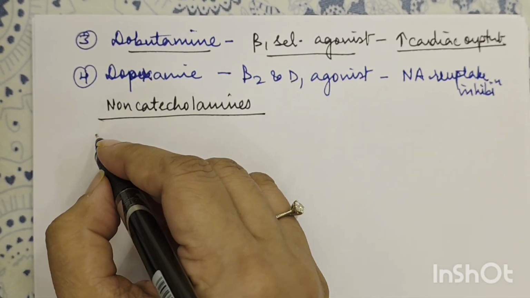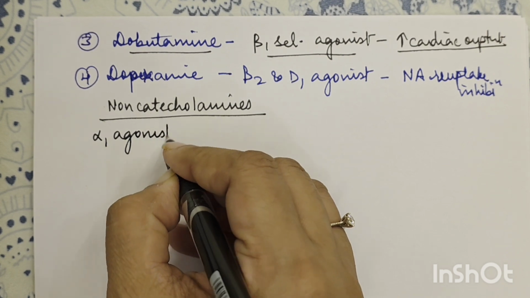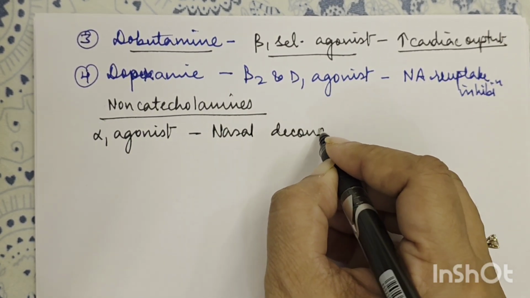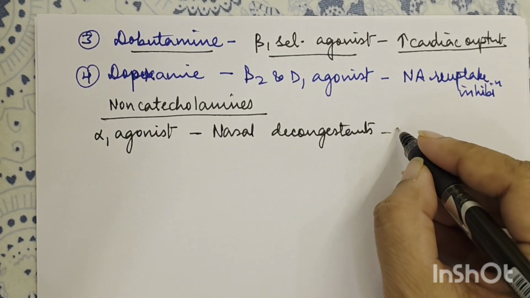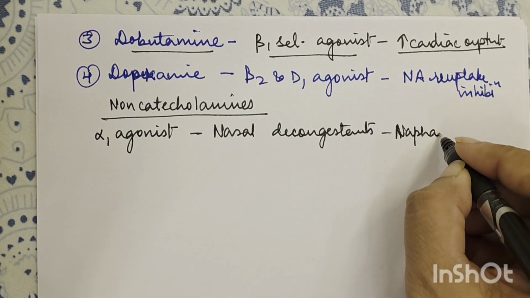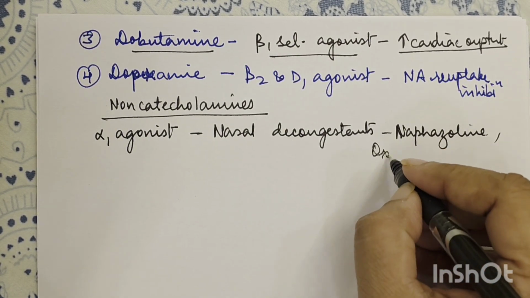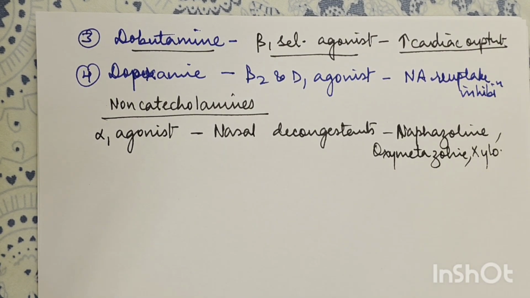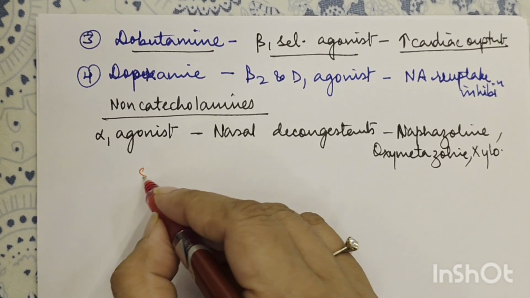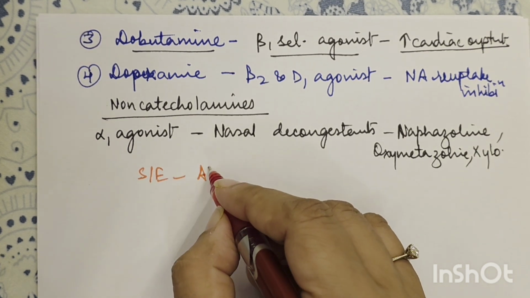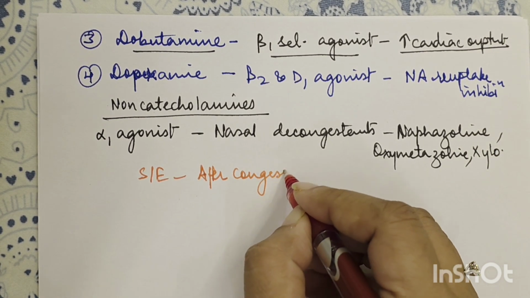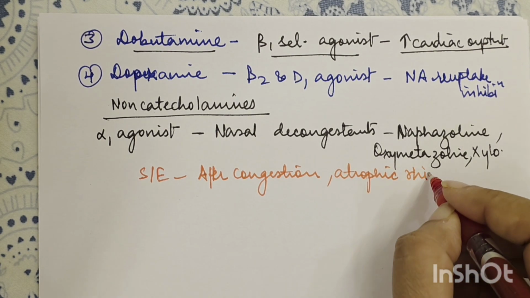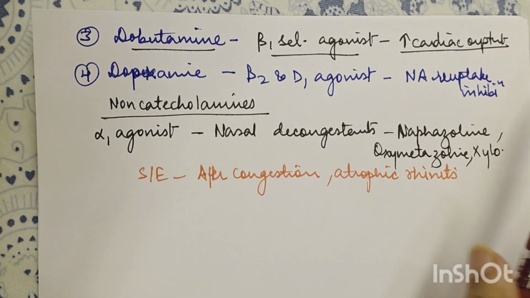Now non-catecholamines, we have alpha agonists, which are basically nasal decongestants, and these drugs are called naphazoline, oxymetazoline, and xylometazoline. Now these drugs have a side effect of causing rebound congestion, and they also cause atrophic rhinitis.